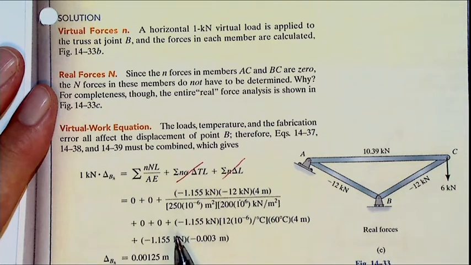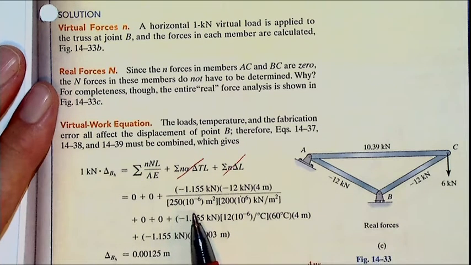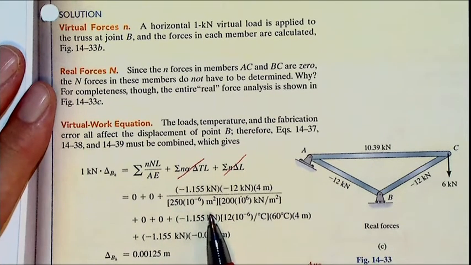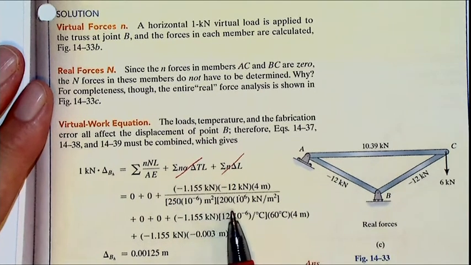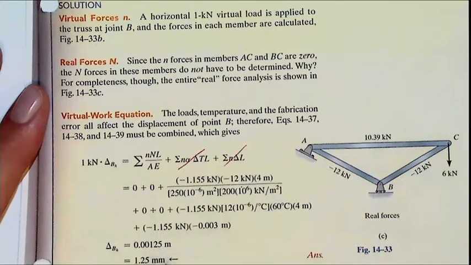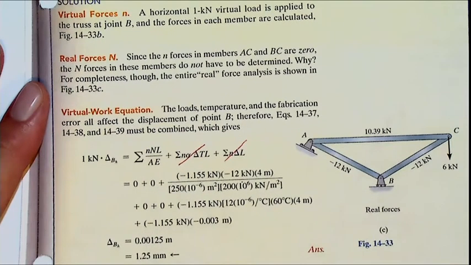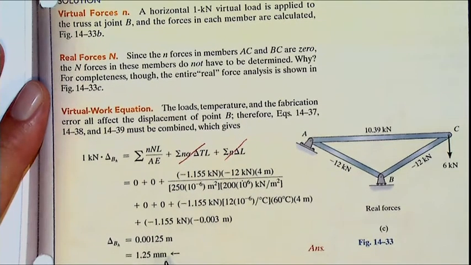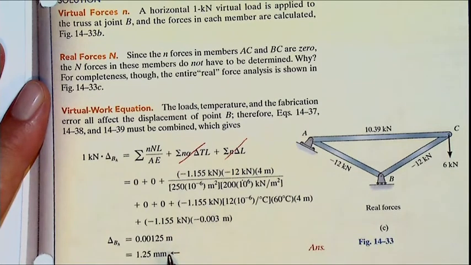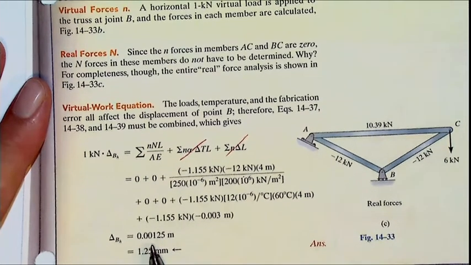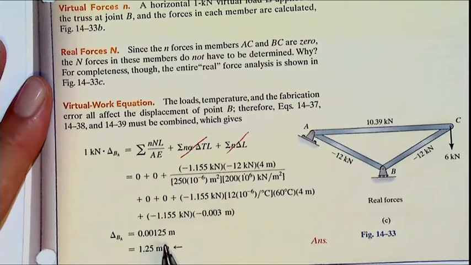AE, so that is 250 times 10 to the power minus 6 meters squared. E is 200 times 10 to the power 6 kilonewton per meter squared. So that equals, look please, 0.00125 meters.